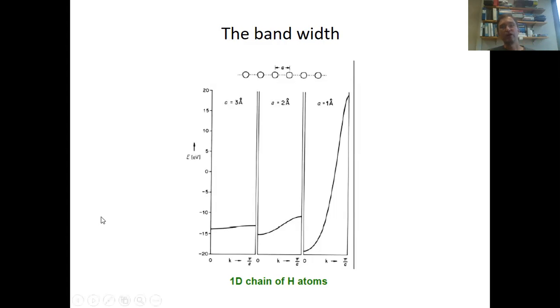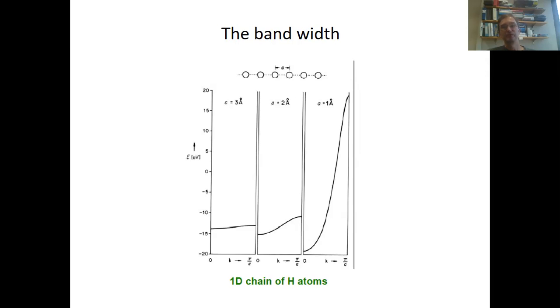Okay, now as we decrease the distance between the 1s orbitals, our band becomes wider. That is because the energy difference between the most bonding and the most antibonding orbital increases. Okay, and as we even further reduce the lattice parameter to 1 angstrom, the band again becomes significantly wider.